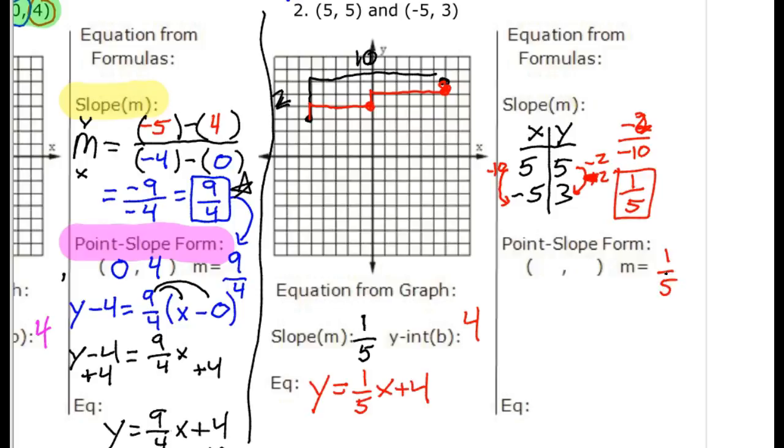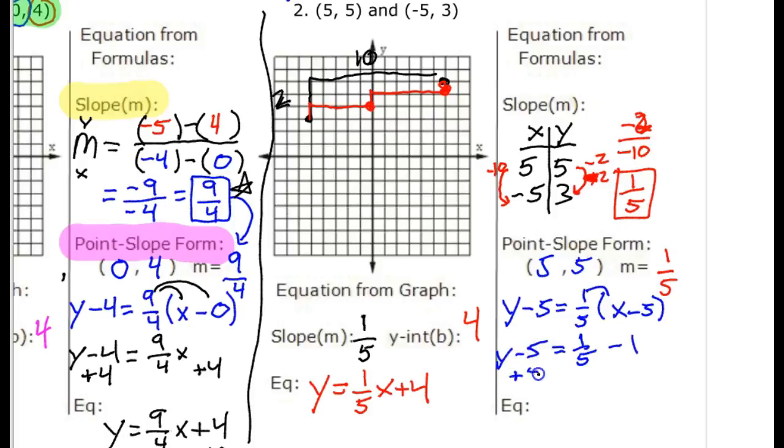No, definitely reduce, always. And then you can pick either point. I'm going to use the first one, the 5, 5. Y minus 5 equals 1/5 times x minus 5. Distribute that 1/5, you get 1/5 x minus 1.